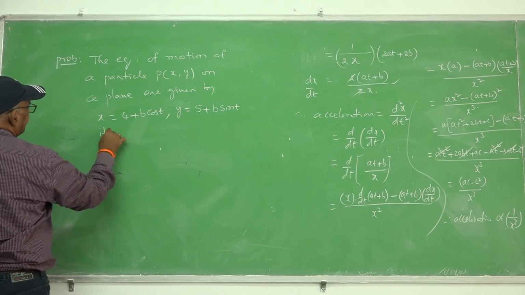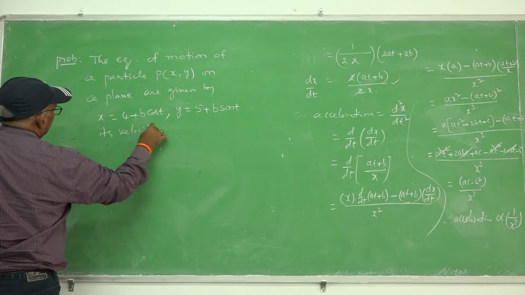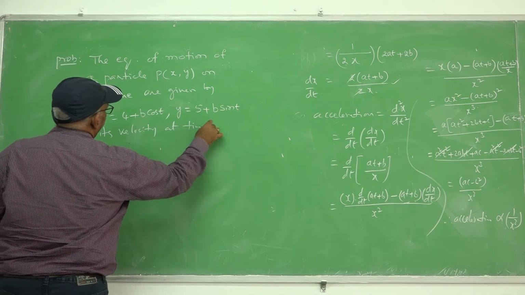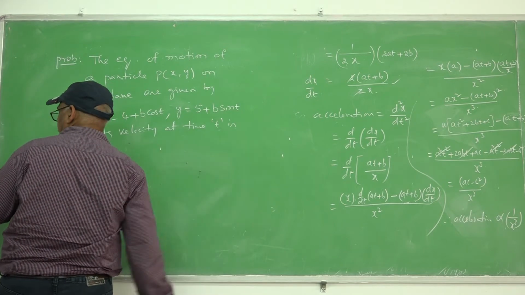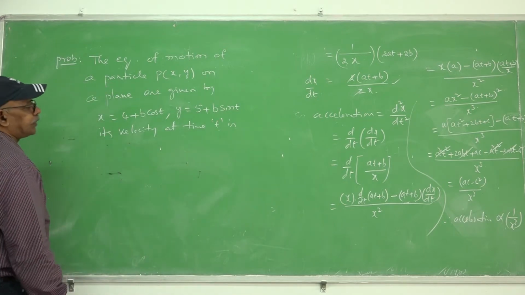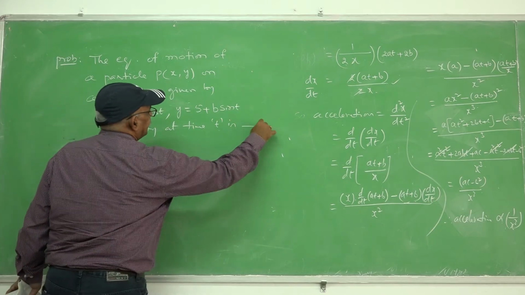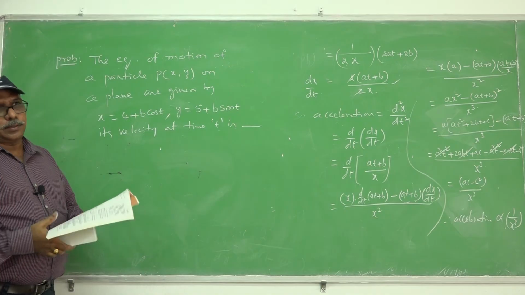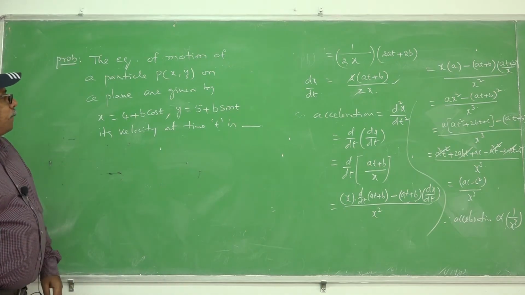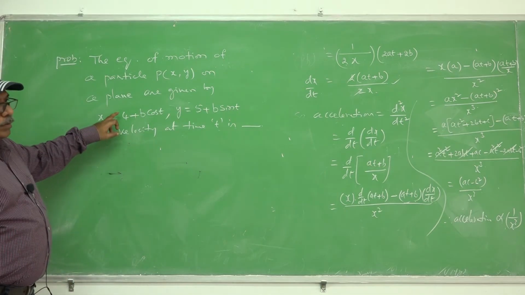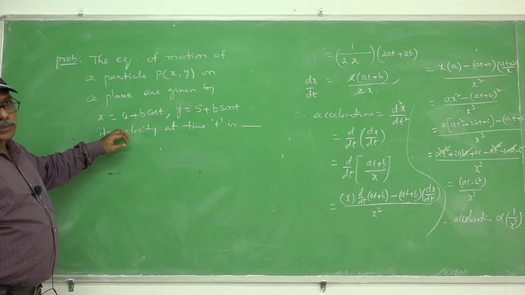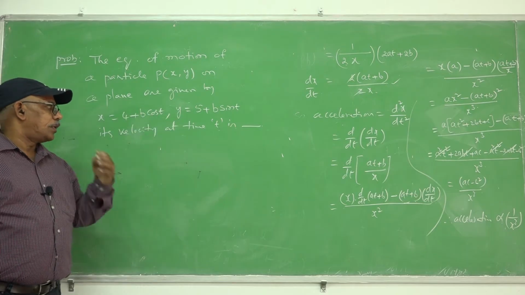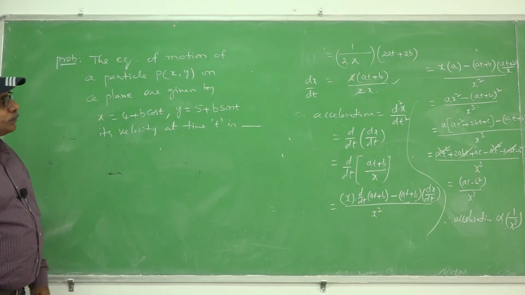Its velocity at time t is dash. Here the particle is moving on the curve which satisfies this relation, x equal to 4 plus b cos t, y equal to 5 plus b sin t.